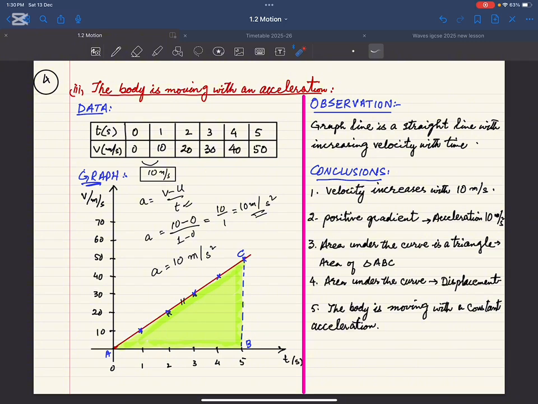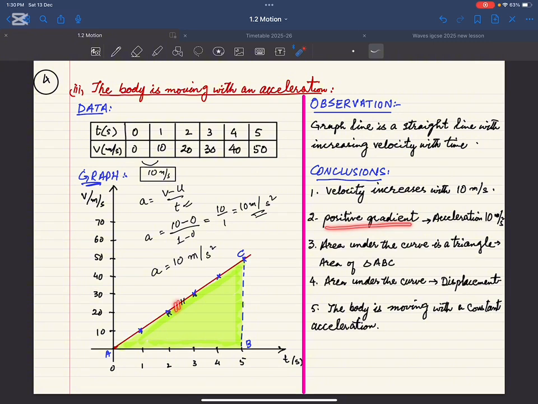So what is the observation? The graph line is a straight line with increasing velocity with time. As I said, the velocity increases by 10 meter per second. Here you have the positive gradient.